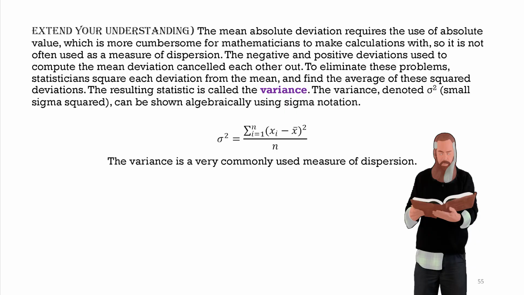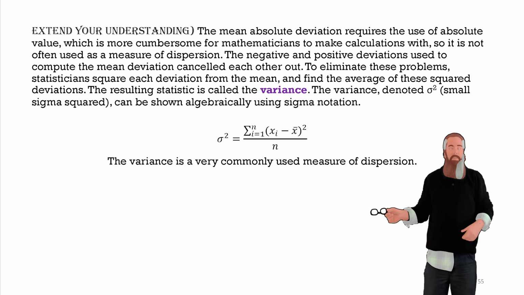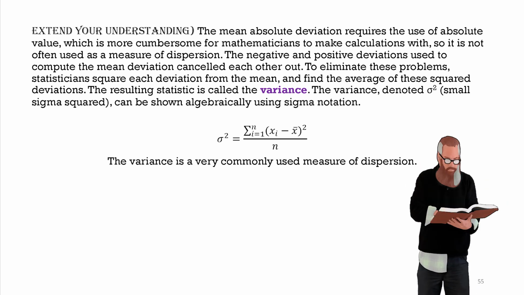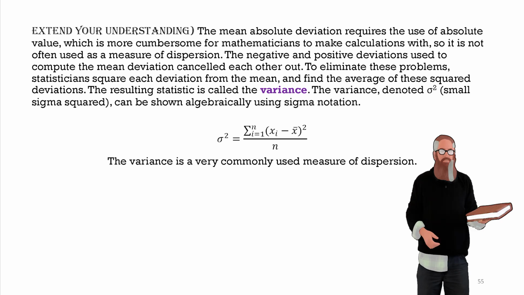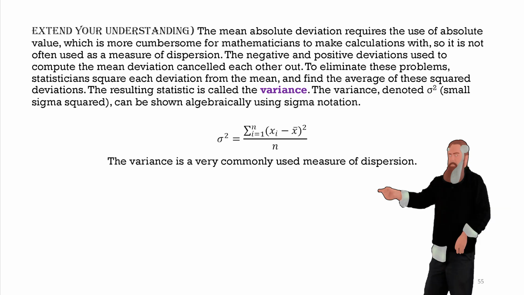Let's extend our understanding of this. The mean absolute deviation requires the use of absolute value, which is more cumbersome for mathematicians to make calculations with. So it is not often used as a measure of dispersion. The negative and positive deviations used to compute the mean deviation cancel each other out.